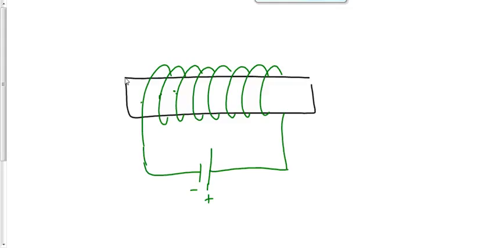It's going to flow clockwise here because it leaves the negative end and it goes around to the positive end. So it's going to go up in the front, and then it's going to go down in the back, and then it's going to loop back up in the front and down in the back, and so on. So in all these loops, the current is going to go up in the front, down in the back. We don't need a hand rule to determine that. We know that it's going to go that way simply because of the way the battery is set up.